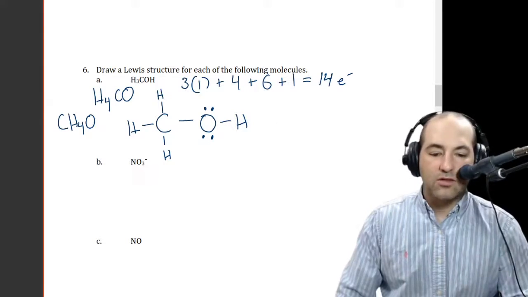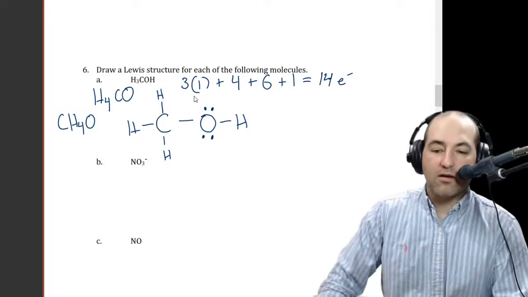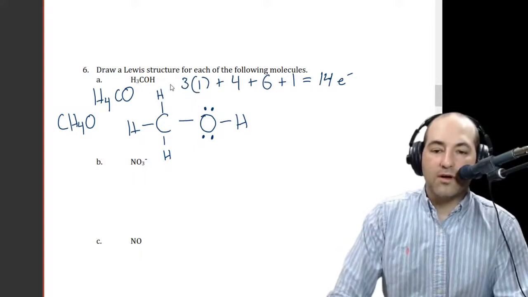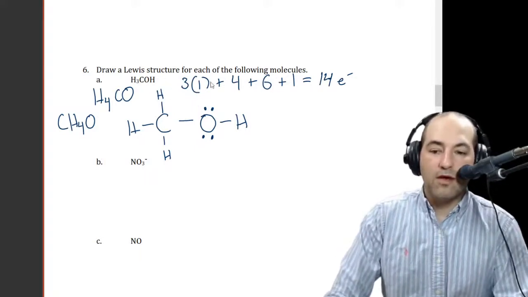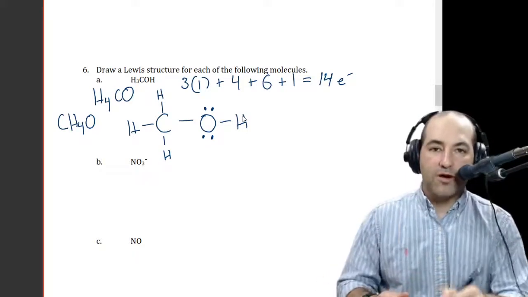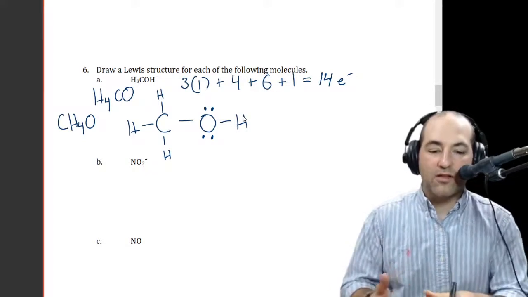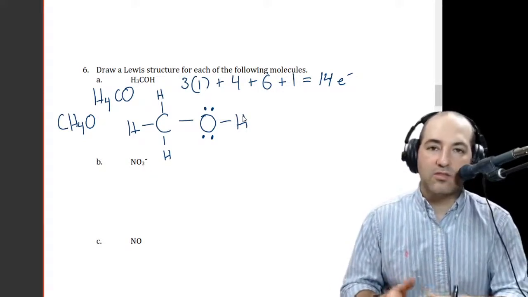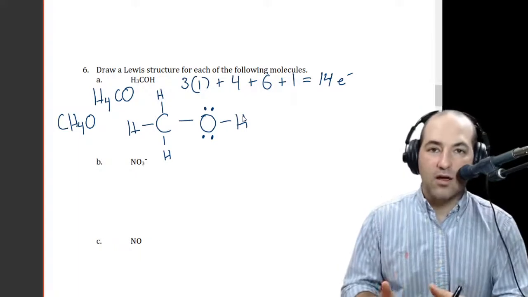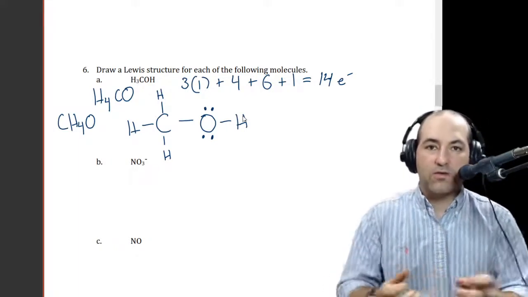Can we split the H, or does H3 have to be all on the same? You could split it up. Yeah, you could. There's a lot of trial and error involved here. When you see a formula, you draw a thing out first, and it might not work. If you can't get all the electrons around properly, or if something has too many, if it doesn't seem like it's working, then that's your clue that what you drew was wrong and you should take it apart and try a different way.